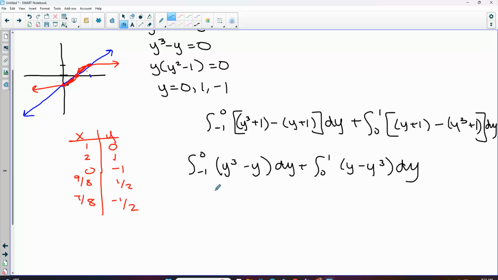So if I do my antiderivatives, the antiderivative of y cubed will be 1/4 y to the fourth over 4, minus the antiderivative of y, which is 1/2 y squared.